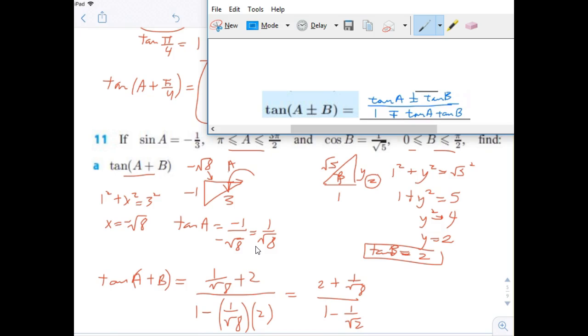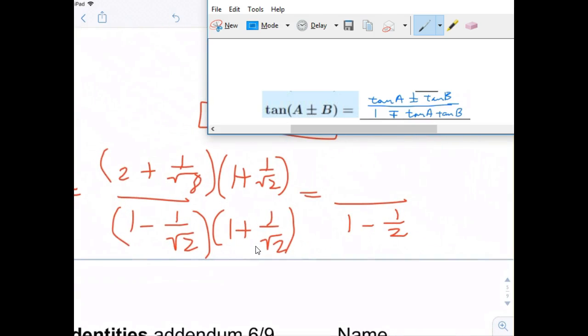And then we could rationalize the denominator. We could multiply this by 1 plus square root of 2. And the top we also multiply by 1 plus square root of 2. And so the denominator would end up being 1 squared minus 1 squared over square root of 2 squared, which would be 1/2 for the denominator. And the numerator, yuck, we're going to do FOIL here: 2 plus 1 over square root of 8 plus 2 over square root of 2 plus 1 over square root of 16.